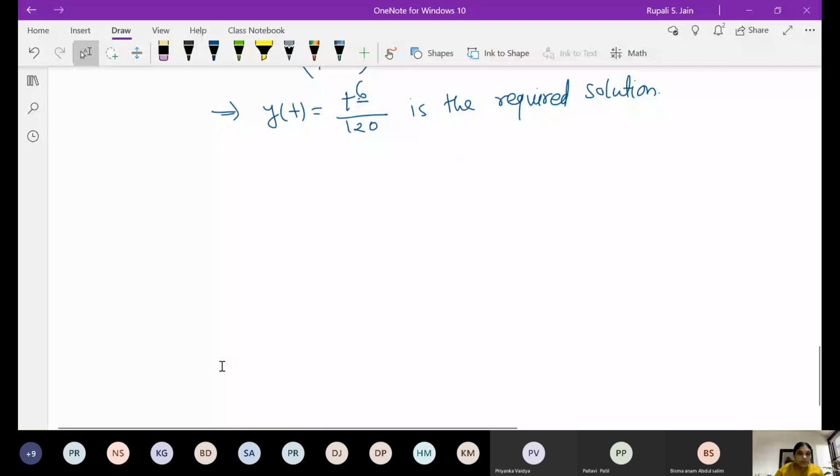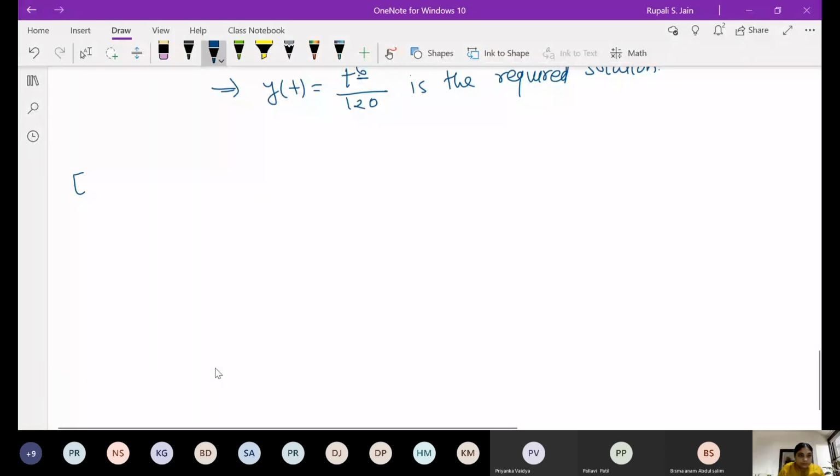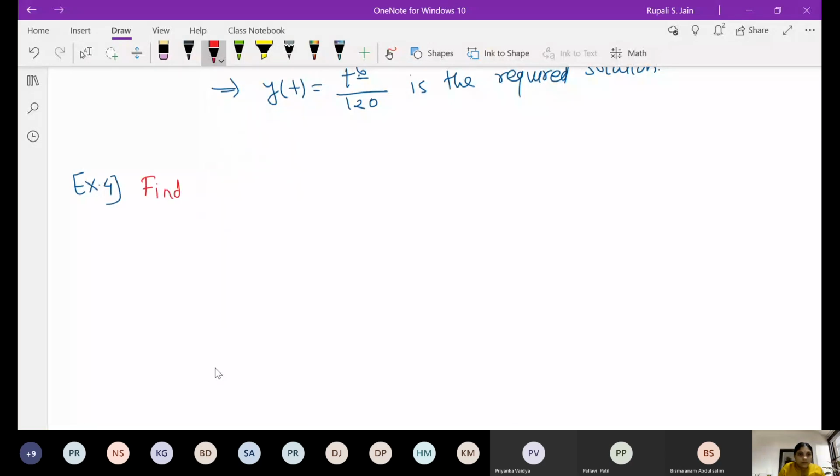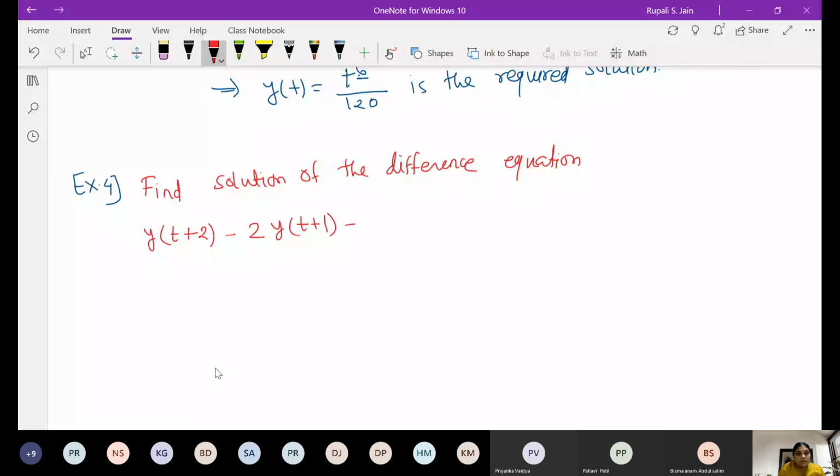I will just give one homework to you. Find the solution of the difference equation, say y at t plus 2 minus 2 times y at t plus 1 plus y at t is equal to, say, t to the 5 falling.